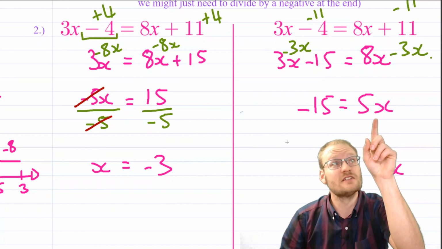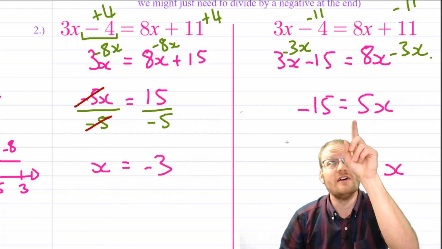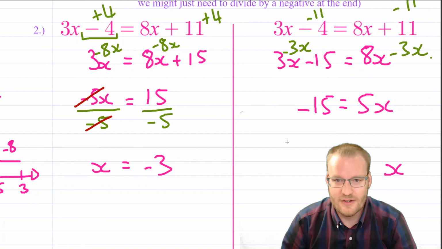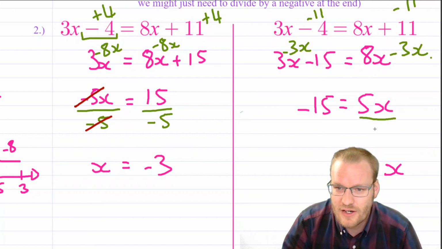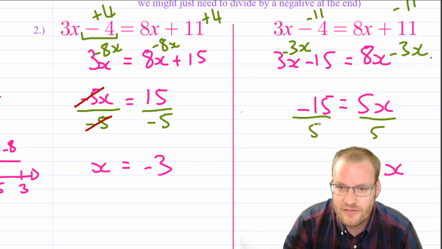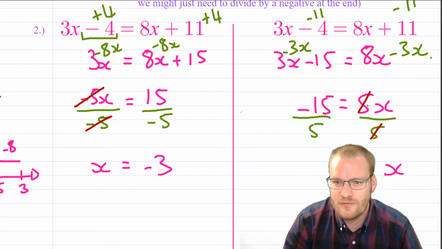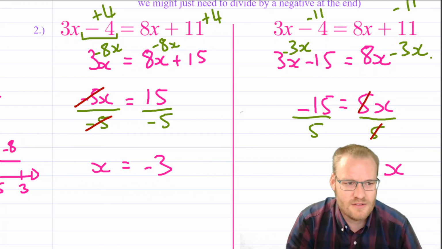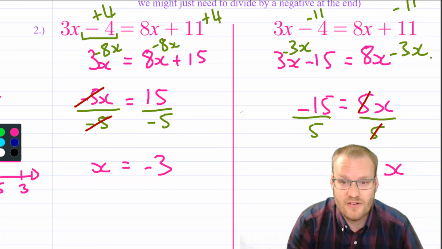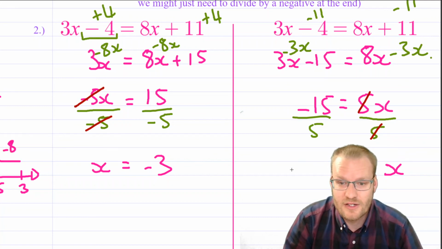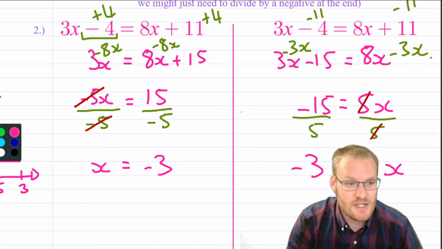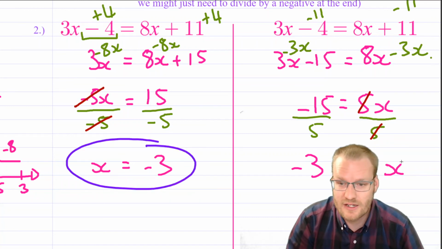There's the x, and in front of it is a 5. So we're going to divide by 5. These 5s cancel, so we're just left with x, and negative 15 divided by 5 is negative 3. Same answer, x equals negative 3.